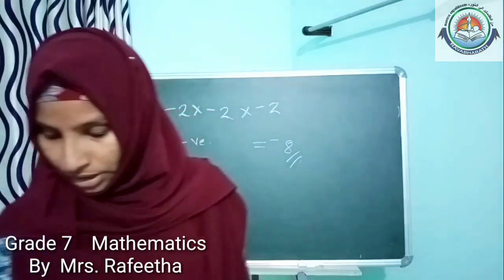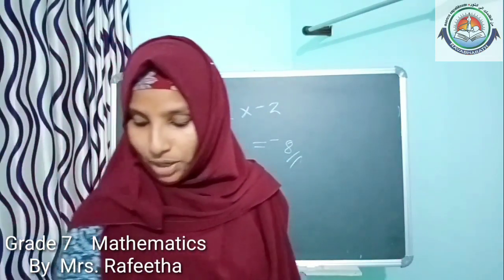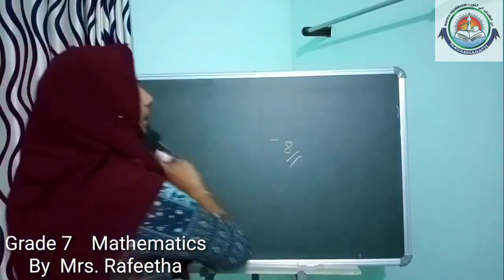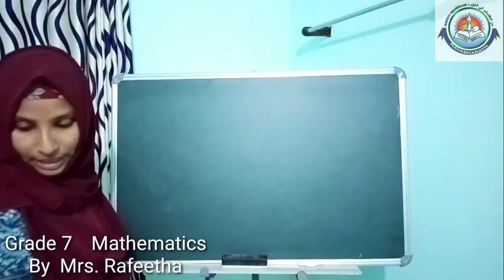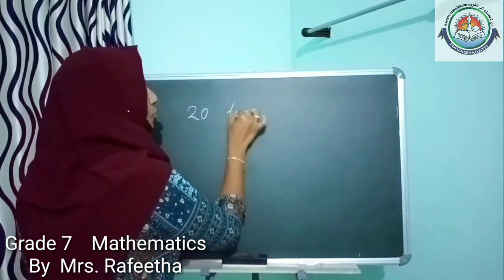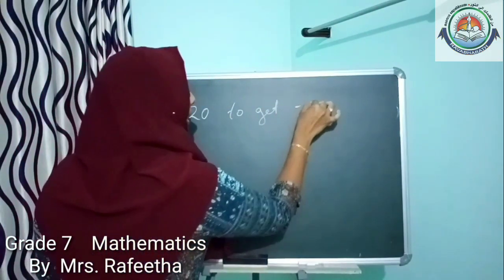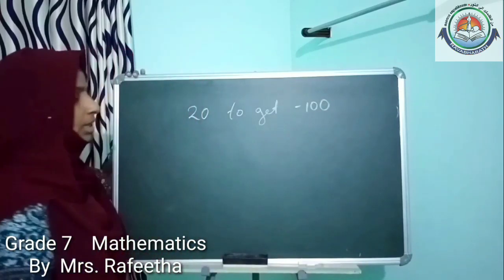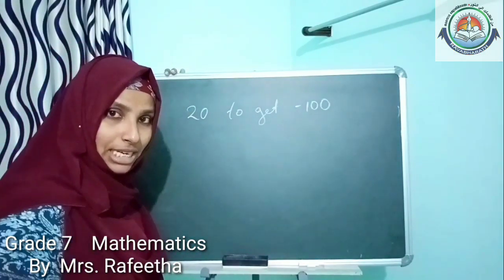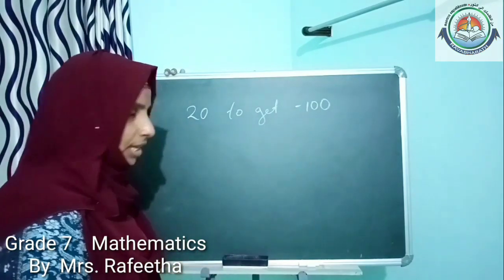Okay, next question: by what number will you multiply 20 to get minus 100? What's the meaning of this question? Did you get the meaning? Just come through that question.